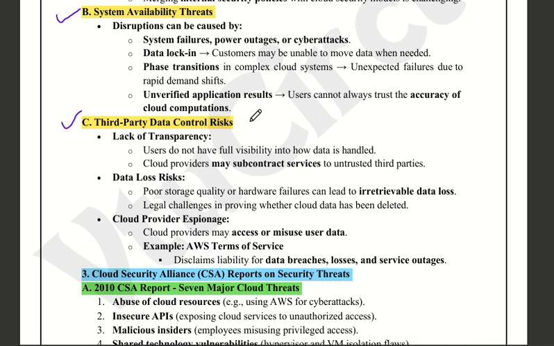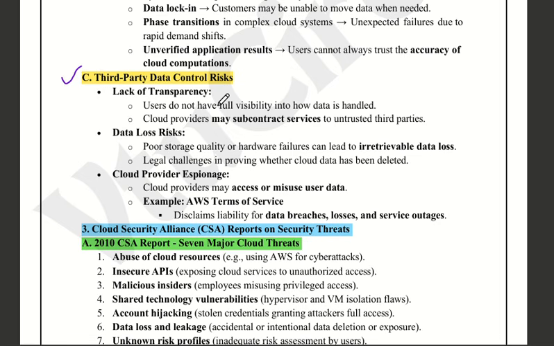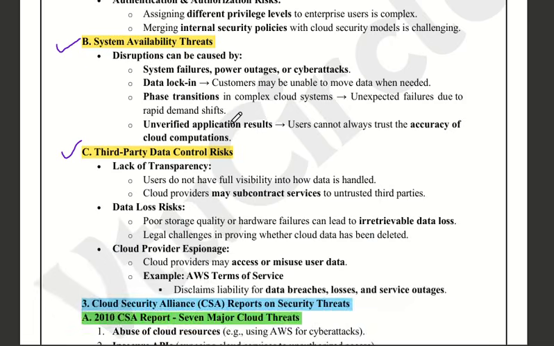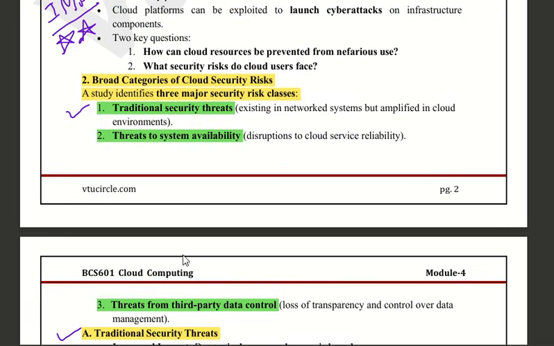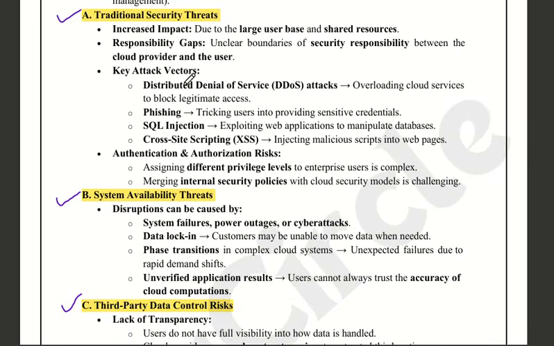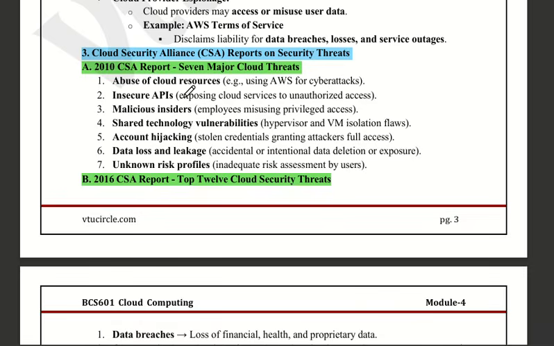In this, again there is lack of transparency, data loss risk, and cloud provider issues. My suggestion is, don't sit and learn all this by heart. You just have to understand. Mainly there are three categories you must remember. Then, based on that category, you need to explain in the exam.